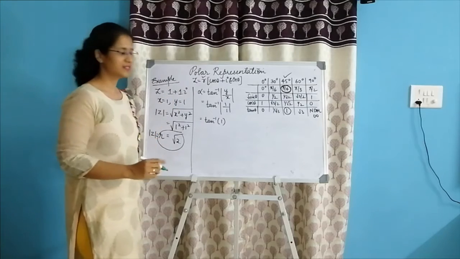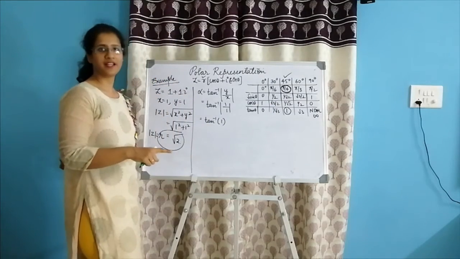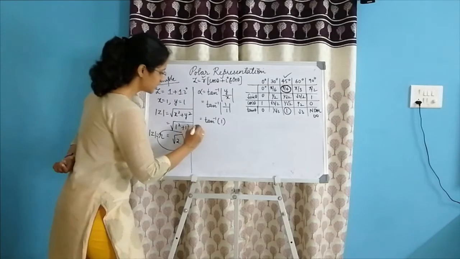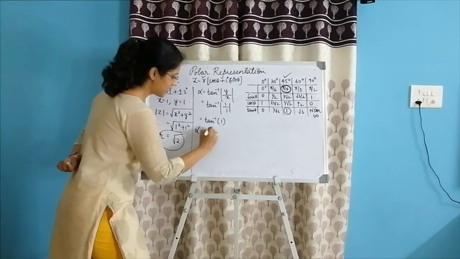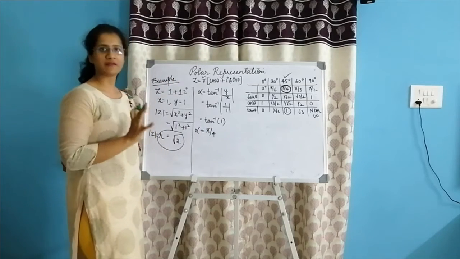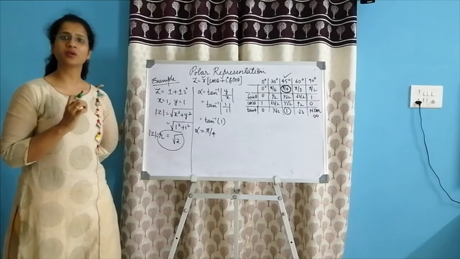So what will I consider? I will consider the value of the angle in terms of radian measure, which is nothing but pi by 4. Okay. So therefore I get alpha is equal to pi by 4. Now the work of finding alpha is over. Now what do I have to find out? I have to find out theta.